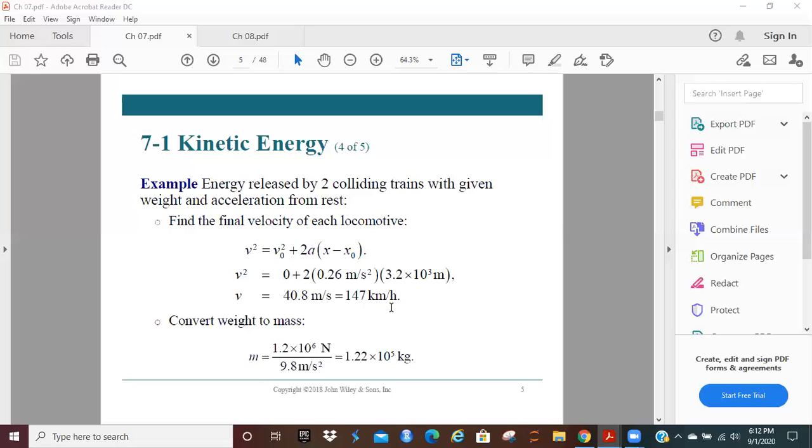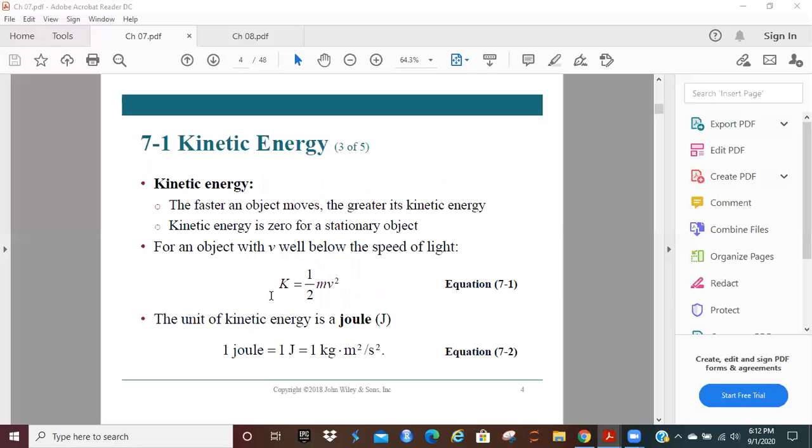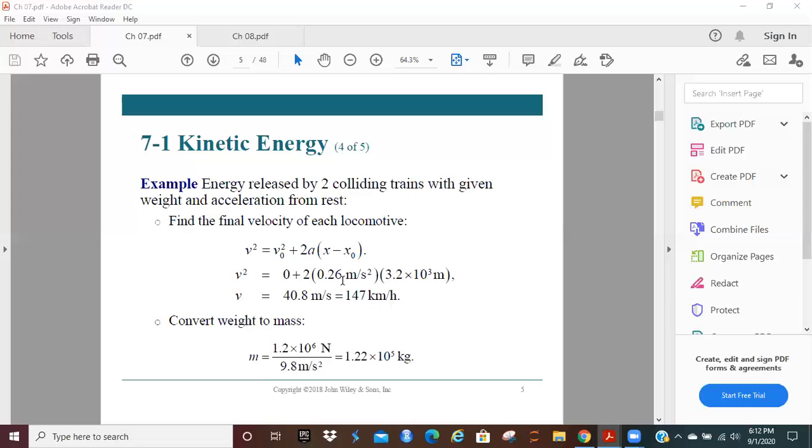And the reason we need that is because our kinetic energy is defined as 1/2 times m times the velocity squared. If we know how much a train weighs, then if we divide that by our gravitational acceleration constant, we can determine what the mass is.